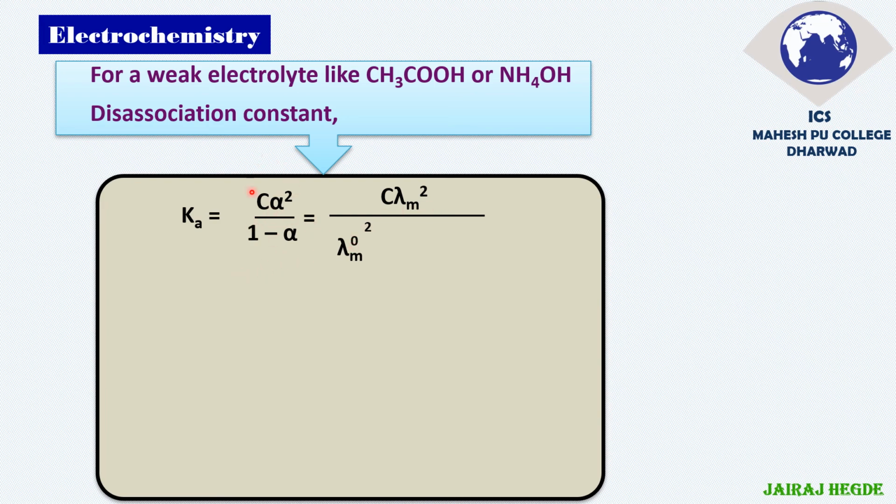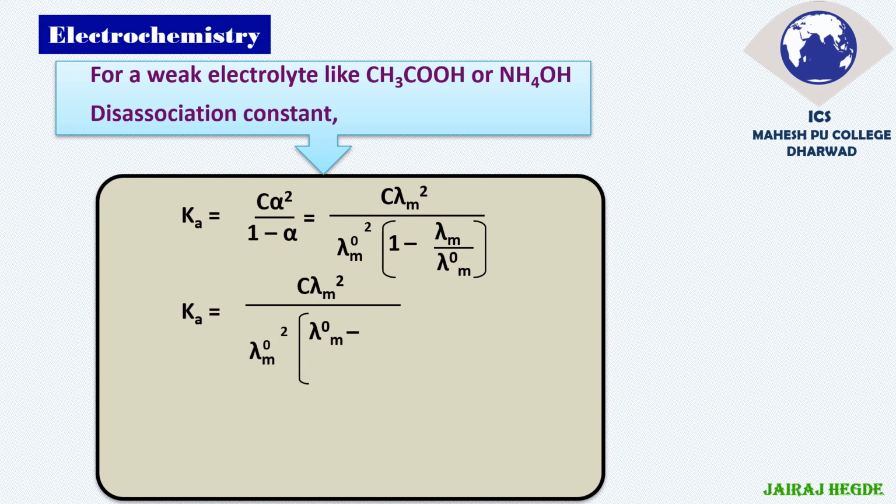If I substitute alpha as lambda m by lambda m naught, C alpha square is lambda m square divided by lambda m naught square, into 1 minus lambda m by lambda m naught. Simplifying, multiplying by lambda m naught square, it becomes lambda m naught minus lambda m divided by lambda m naught.